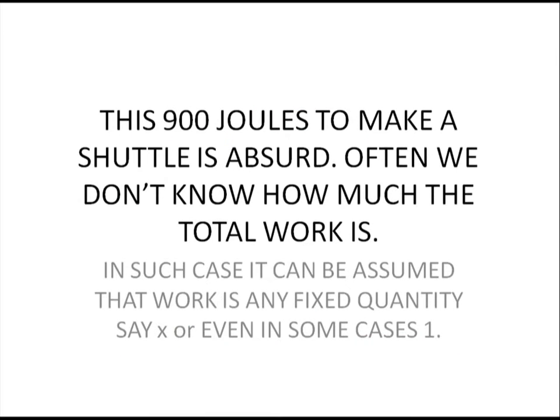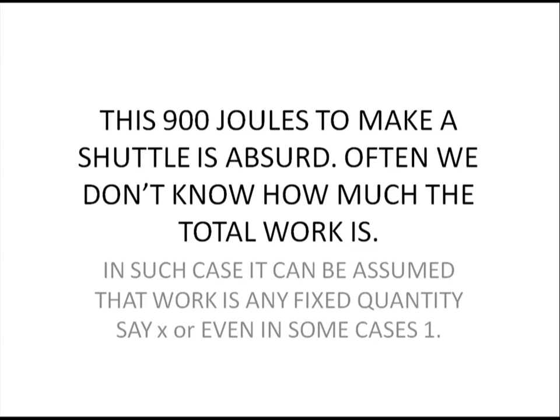So this 900 joules to make a shuttle is pretty absurd. Often we don't know how much total work is, because whenever we talk of work, it's a really abstract thing. We often don't know how much work you have to do if you have to bake a cake, and that may be different for different people.